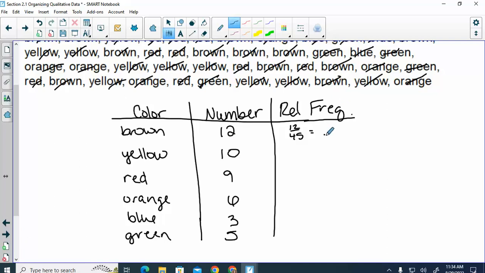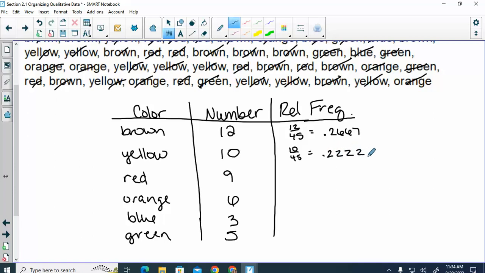So that would be 0.2667. Yellow, we had 10 out of 45. You don't have to write the fraction in that column. You can just put the decimal. That's fine. So that's 0.2222.